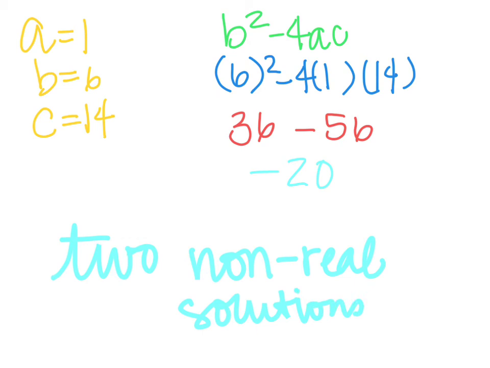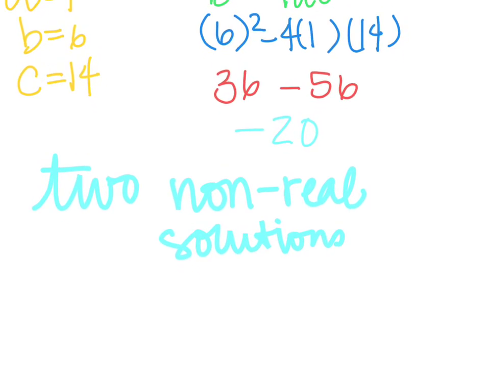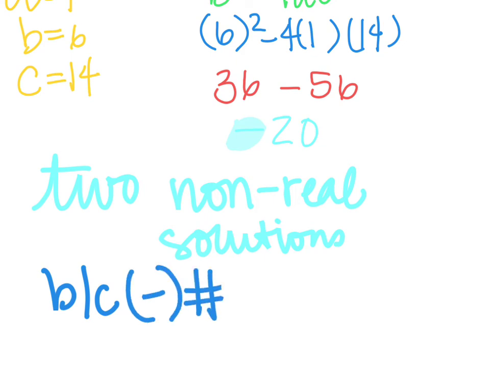The reason that we know this equation has 2 non-real solutions is simply because my discriminant was a negative number. So I'm going to write that down here in a different color. I know that because I got a negative number. That's a negative sign. So because I got a negative number, that is how we know that there are going to be two non-real solutions.